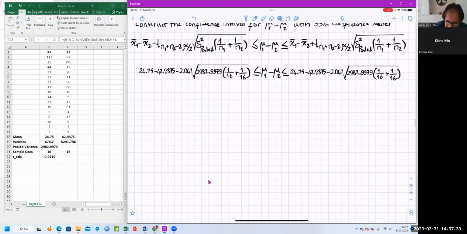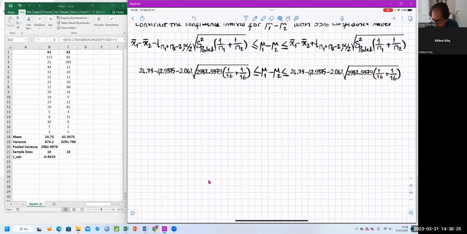Right there. Okay, if I perform the calculation, the lower bound, I'll perform it for you. 24.75 minus 42.9375 minus 2.042 times the square root of 2,982.9979 times 1 divided by 16.